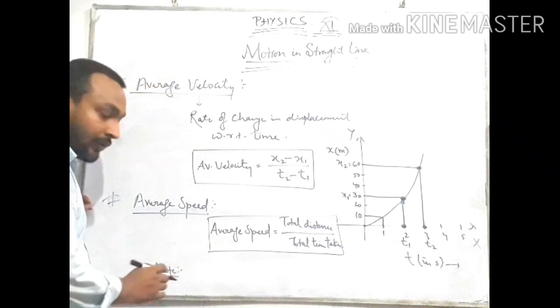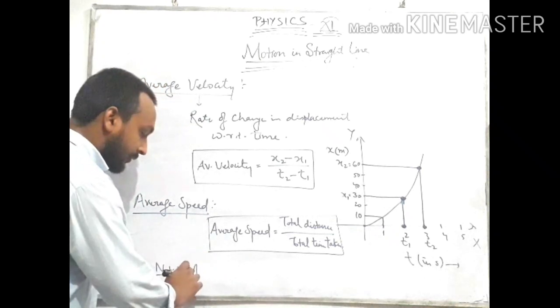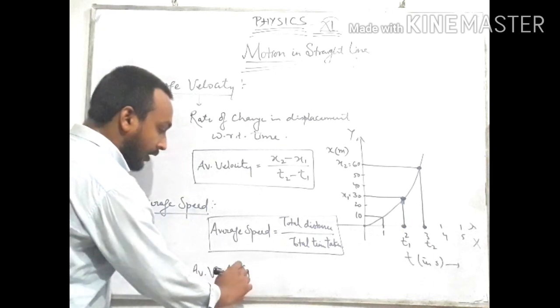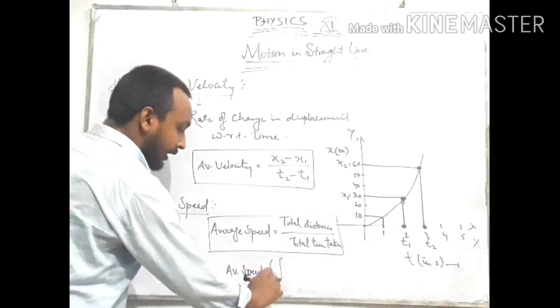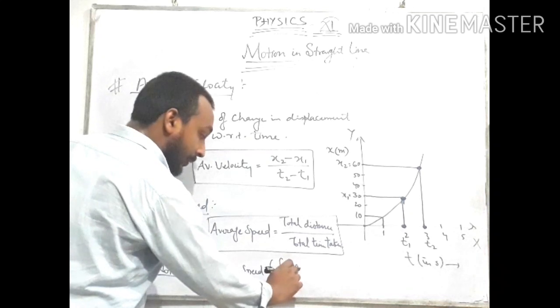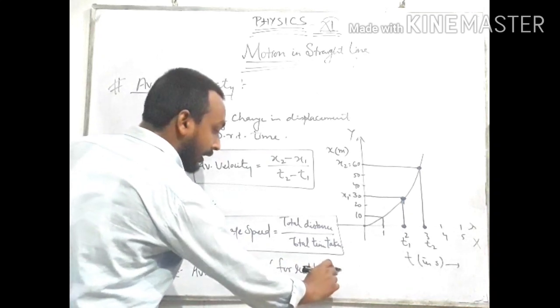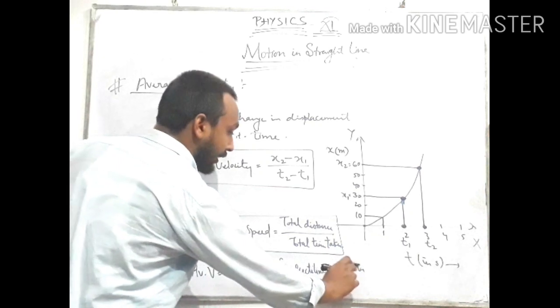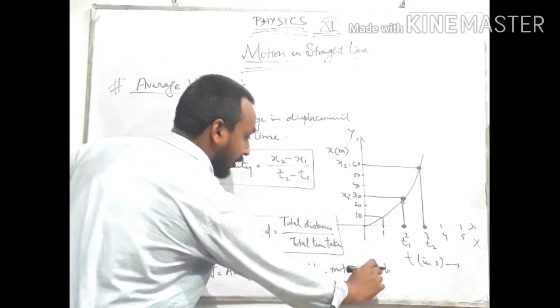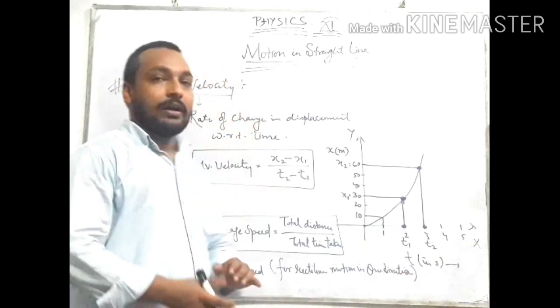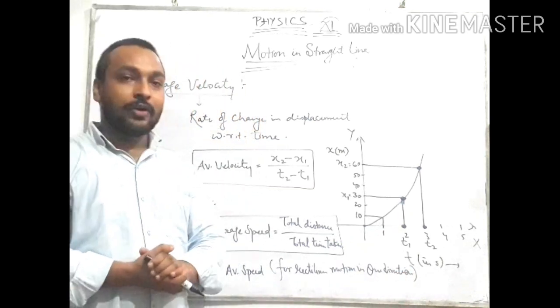One more thing you can notice is that average velocity is equal to average speed for rectilinear motion in one direction. Keep in mind, only one direction. I hope it is clear to you now.